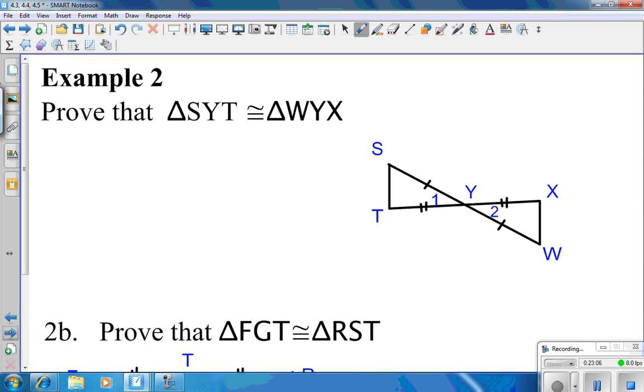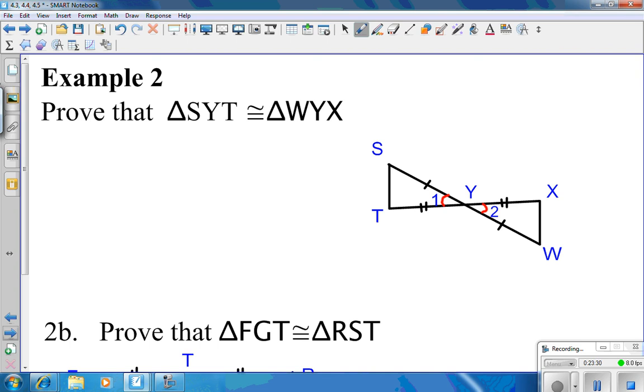So in example 2, we want to prove that these triangles are congruent. All right. What do we know about angle 1 and angle 2? They are vertical angles, and vertical angles are always equal. They're always congruent. All right. Now I'm given a side, an included angle, and a side. Over here I'm given a side, an included angle, and a side.